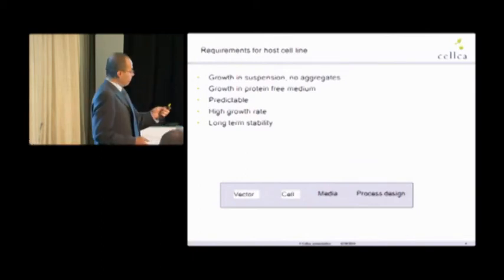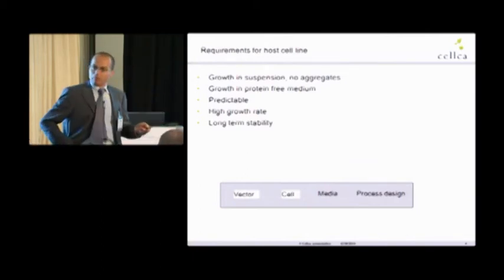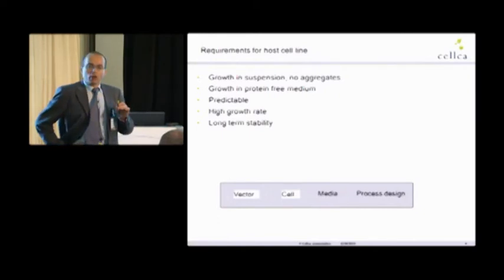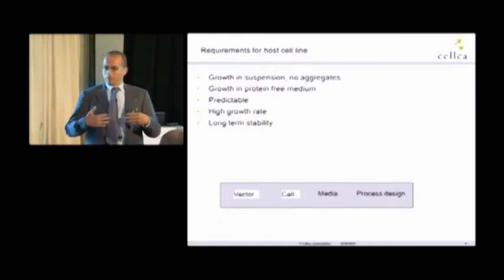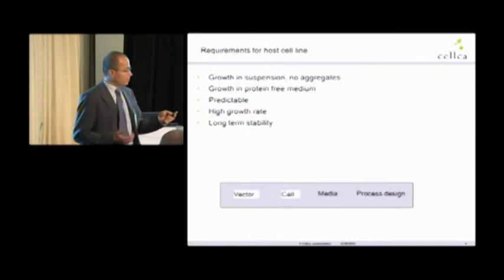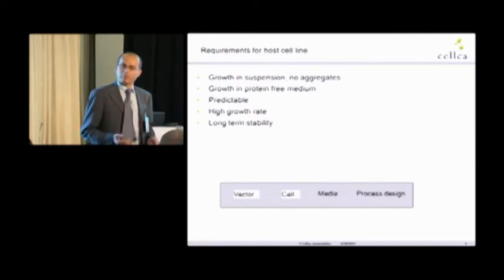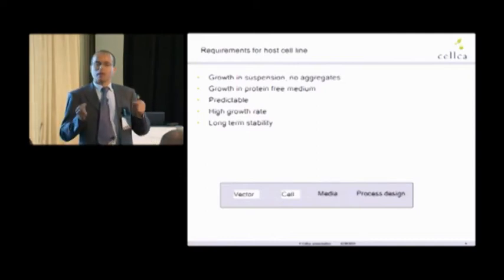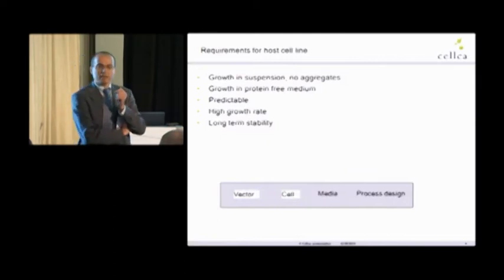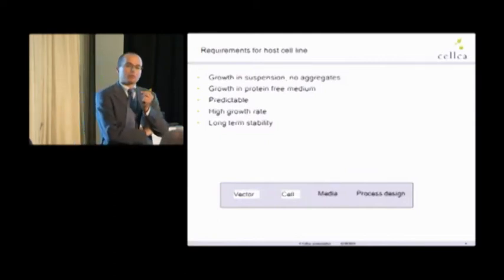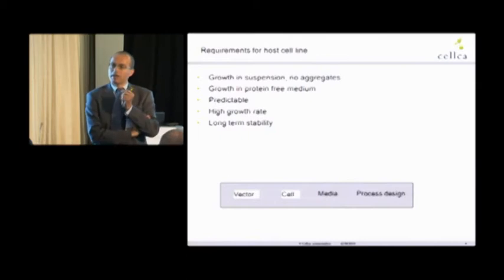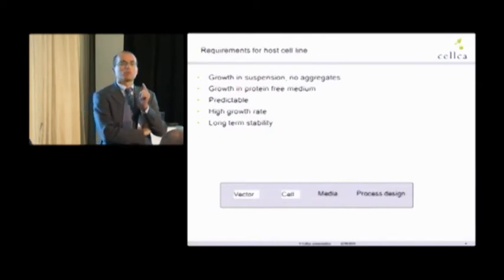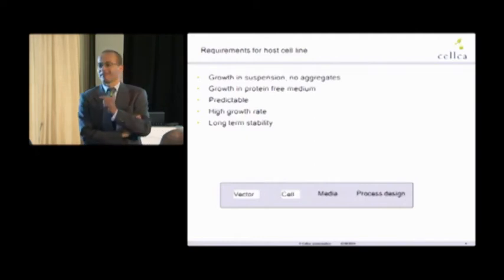Growth in protein-free medium. The topic today is scalability, but I am speaking about protein-free medium, what that means. That means if I have a cell line which grows in a protein-free medium, by media filtration, I don't need to think about protein retention on filter.